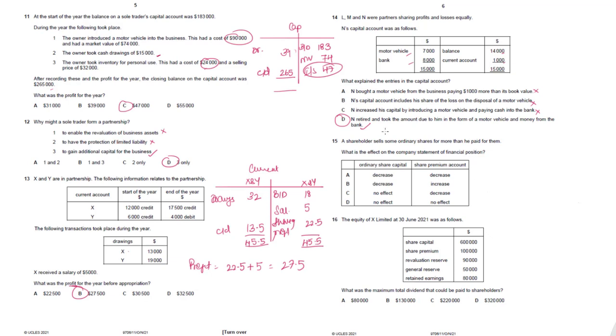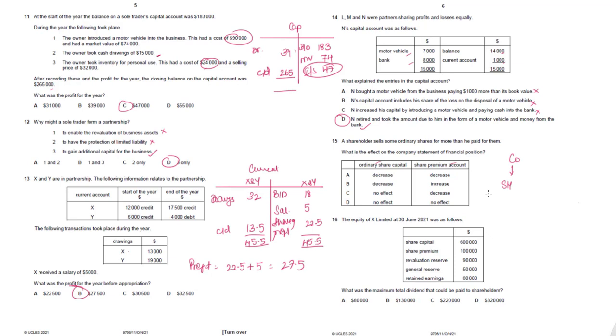A shareholder sells some ordinary shares for more than he paid for them. What is the effect on the company's statement of financial position? Ordinary share capital account and share premium account. So let's say there's a company, and of that company there's a shareholder who purchased the shares, and he then sold the shares not to the company but in the open market, because a shareholder of ordinary shares cannot sell the shares back to the company.